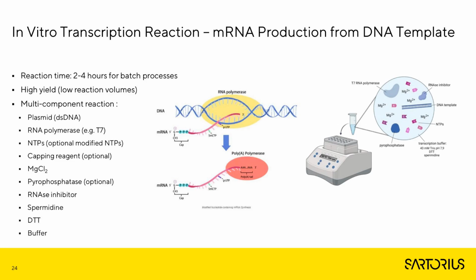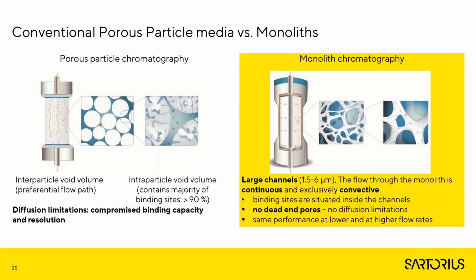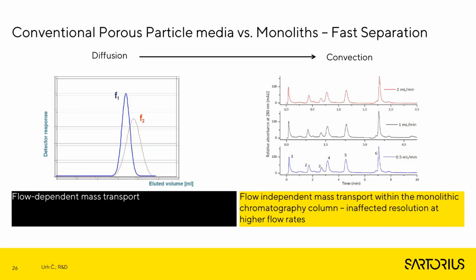And once again, we will come to the power of at-line analytics performed by analytical monolith chromatographic columns, which maybe just to remind you why these are such rapid and high resolution columns, because they are essentially an interconnected network of channels without any dead end pores. So diffusion plays no role in the mass transfer. We see exclusively so-called convective mass transport, which means that our analytics, as well as prep actually, is rapid, high resolution.